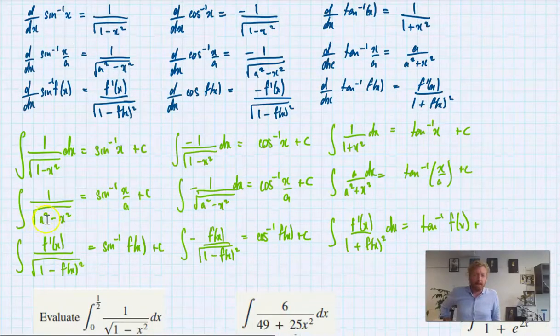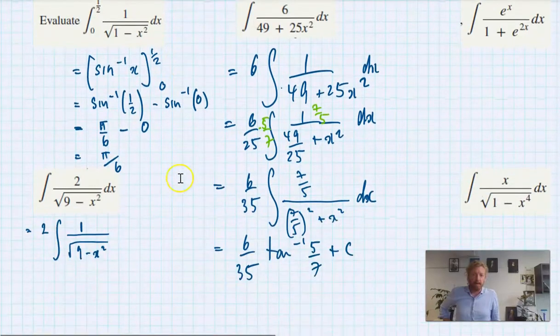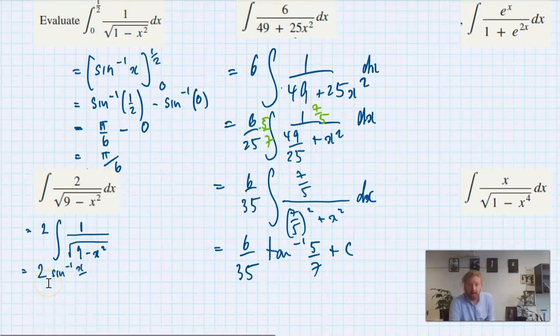A squared minus x squared. So it's 2 sine inverse x on 3 plus c. And there we have it: 2 sine inverse x on 3 plus c.